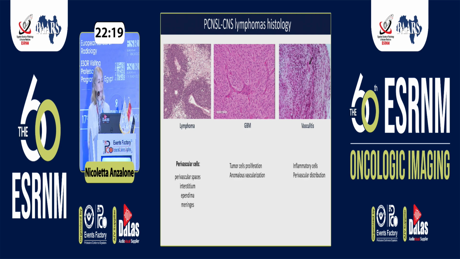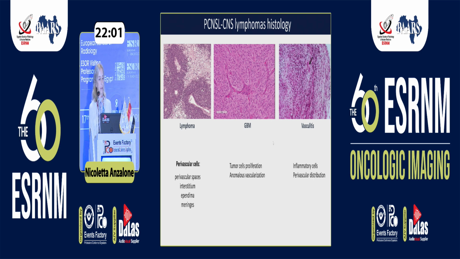As we'll see later, the major differential diagnosis between primary central nervous system lymphoma and other pathologies is with GBM and inflammatory lesions in general, such as vasculitis.